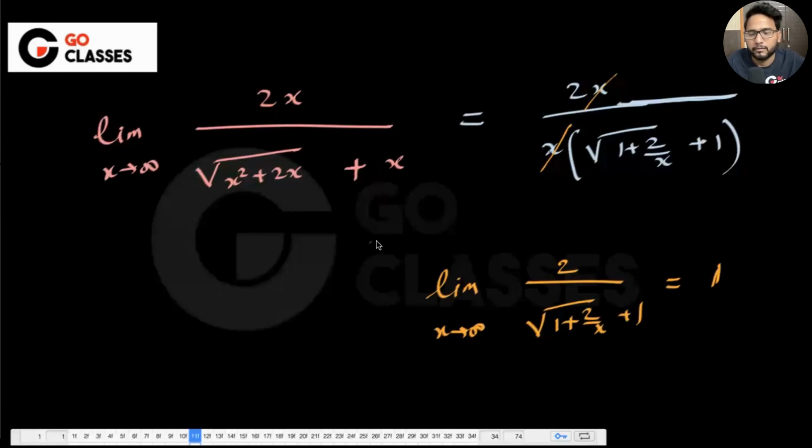Cool. By the way, you know that you can replace this x tends to infinity by any other variable, right? Let's suppose you put x equal to 1 upon y.